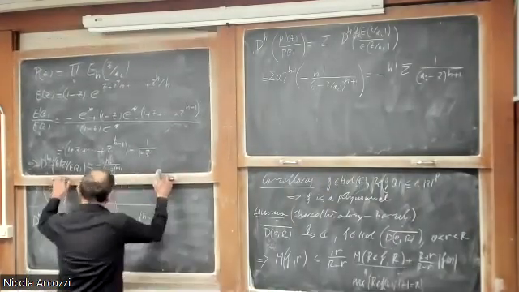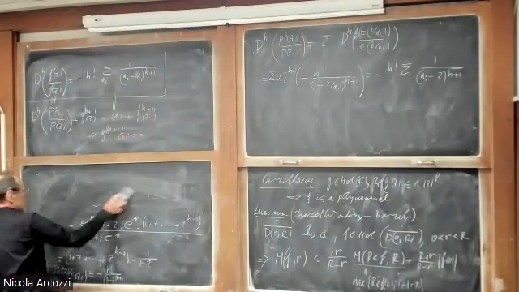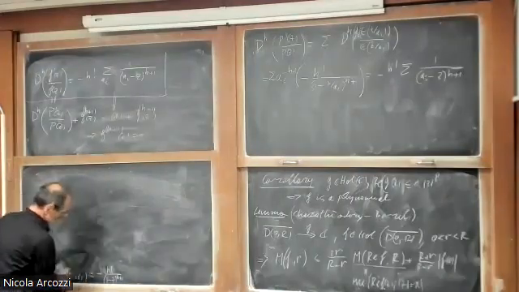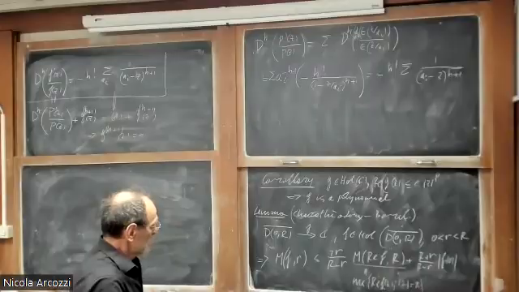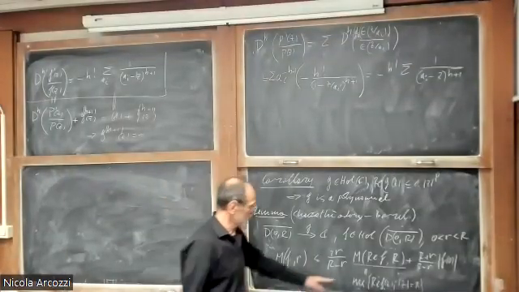So when we consider the maximum of the real part, we consider the value of the real part, not the modulus. Whereas on the left-hand side, we consider the maximum modulus of F. Here there is the modulus as usual, and here there is no modulus.